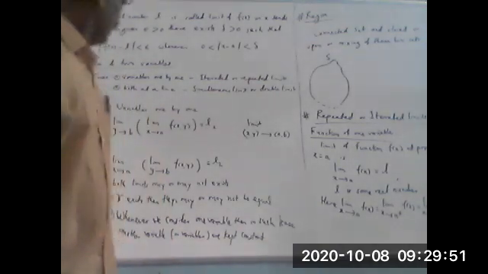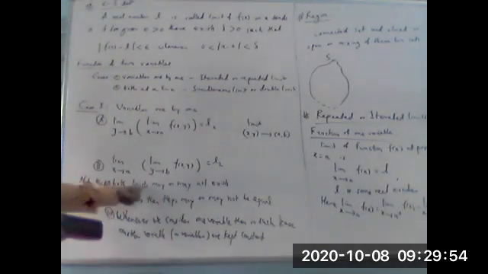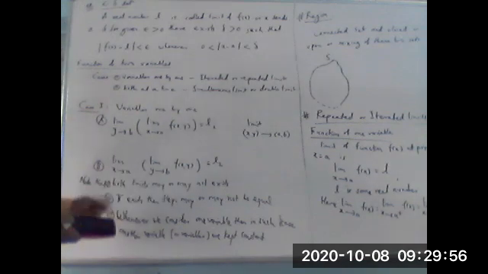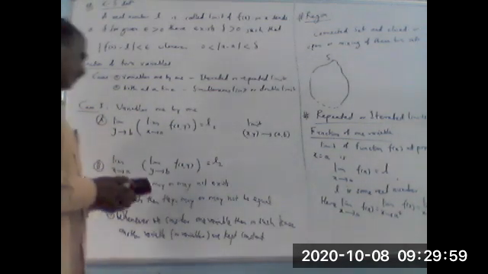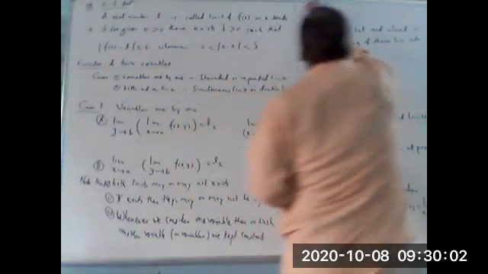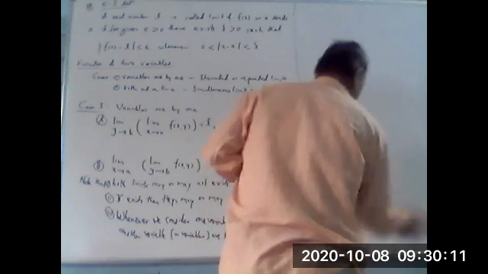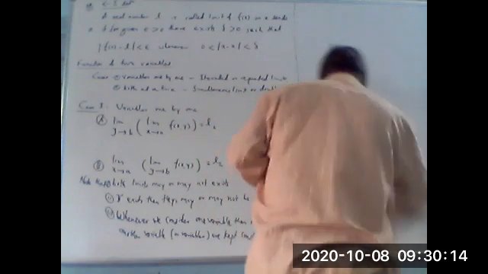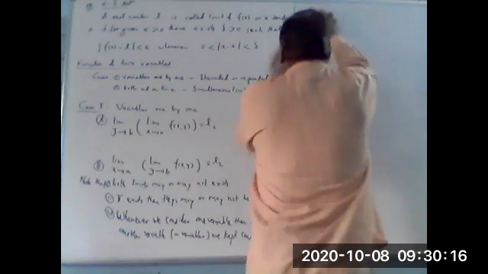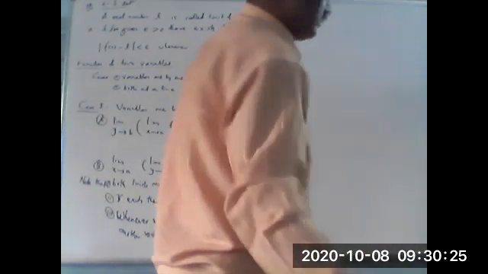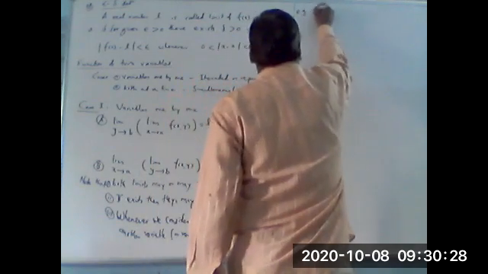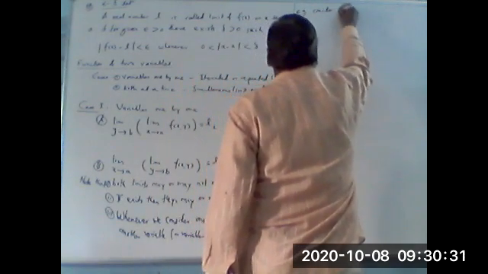We illustrate these notes by some examples. First, the example that the limits may or may not exist. Consider a function. For example, consider a function.